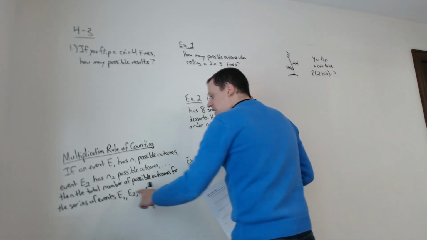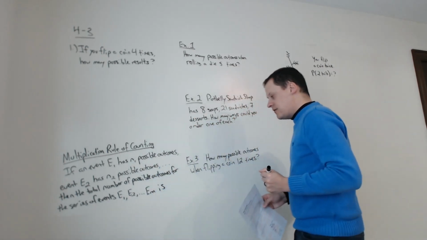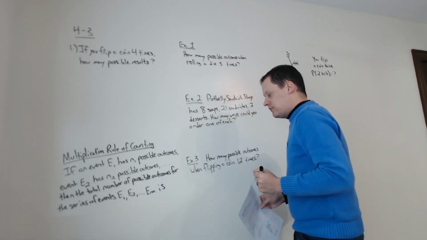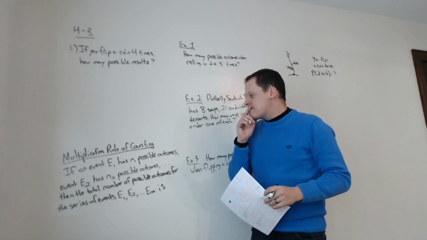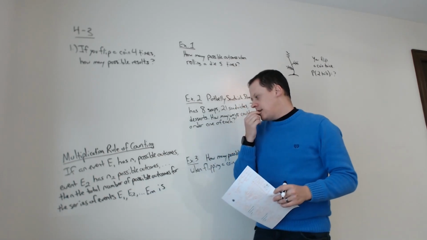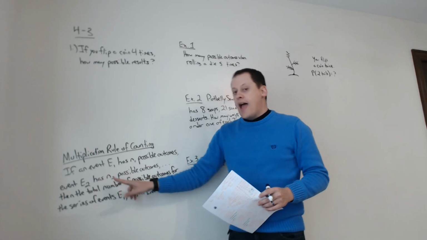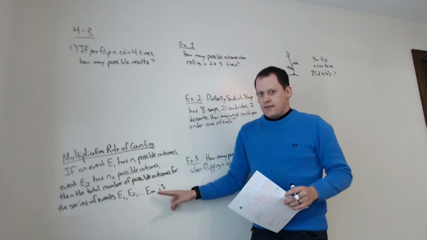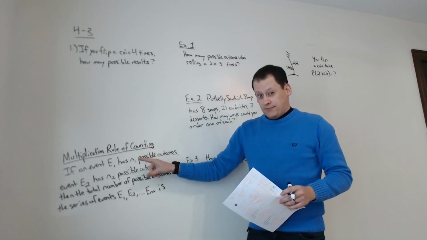The total number of possible outcomes for all of those events is... Well, event 1 has N1 possible outcomes, event 2 has N2 possible outcomes. So the total number of possible outcomes is going to have something to do with these N's for all these events. And this is called the multiplication rule of counting.